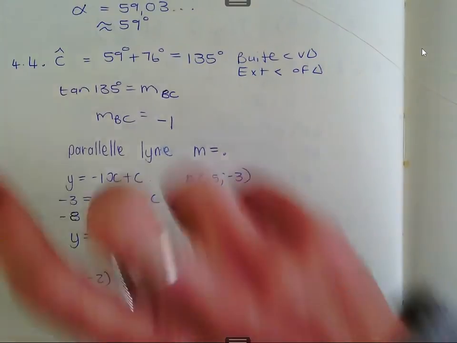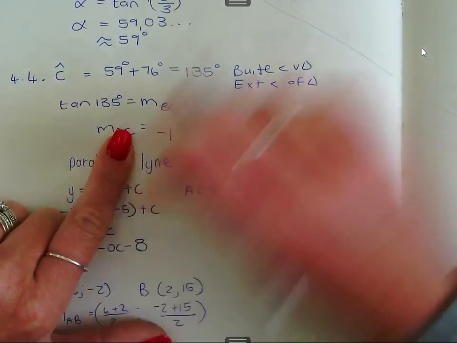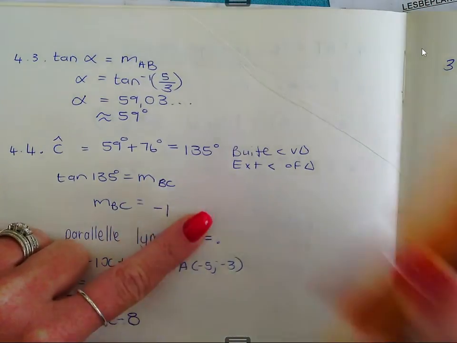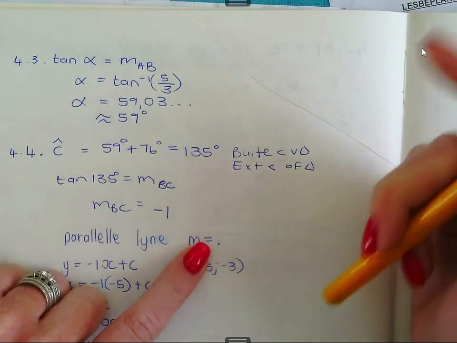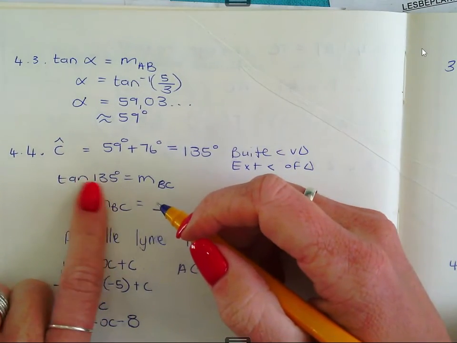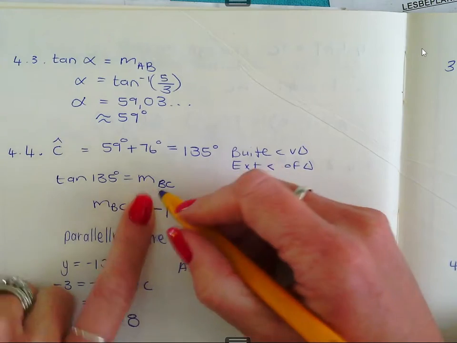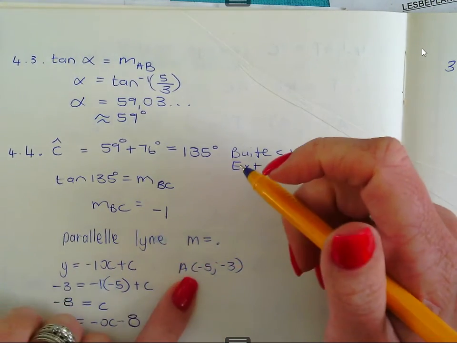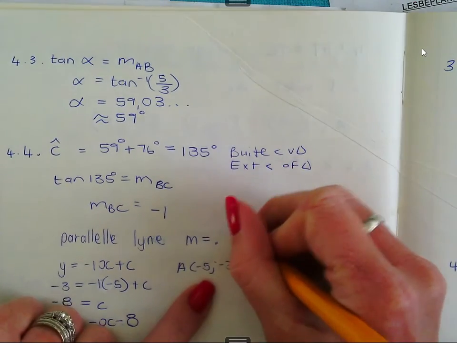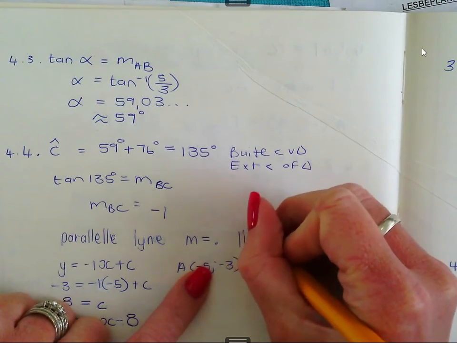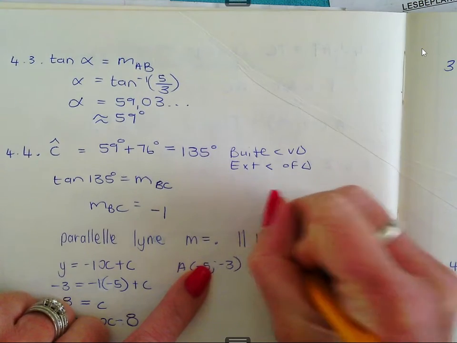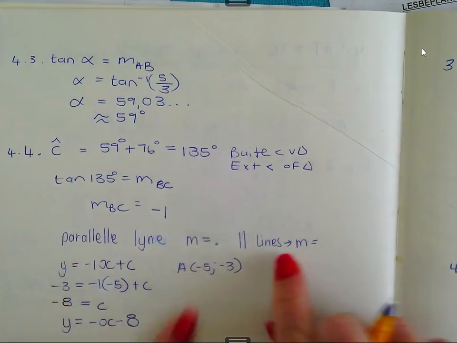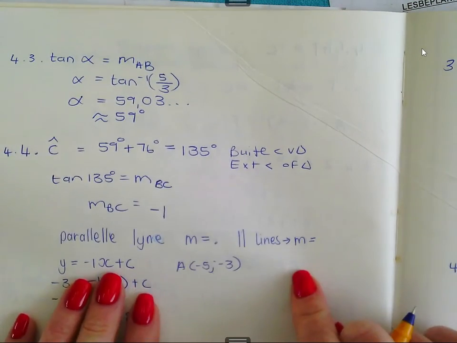So I said that 59 plus 76 is equal to 135, exterior angle of a triangle. Then I said the tan of 135 is equal to the gradient of BC, so the gradient of BC is -1. Now, I'm just saying this for you to understand.